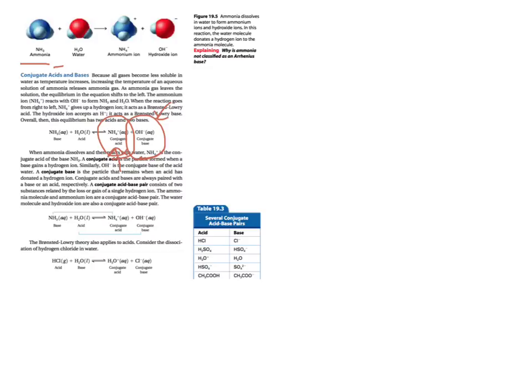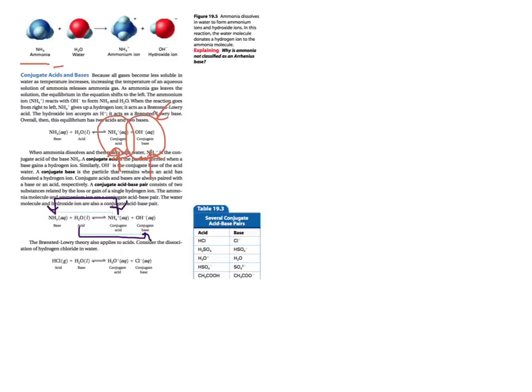So what we have here on the right-hand side is a conjugate acid and what we call a conjugate base. And the way you pair these things up, if you look below over here, my base will be paired with my conjugate acid. So my base on my left side is going to be paired with the conjugate acid on the right side, and my acid on the left side is paired with my conjugate base on the right side.